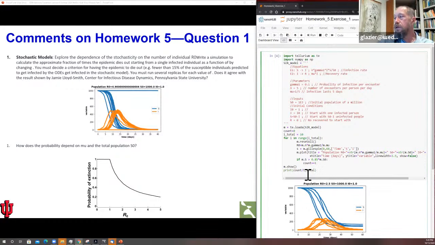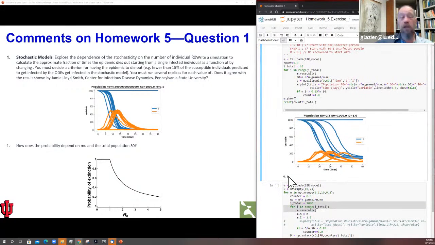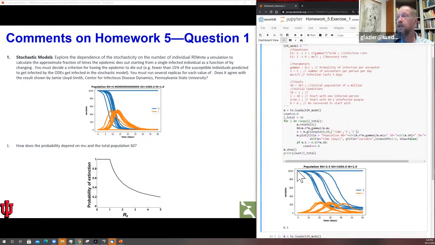And if I want that to work and not do something strange, count better not be an integer. So let's make count a real number. Okay, so here 0.3 of 10 replicas failed.